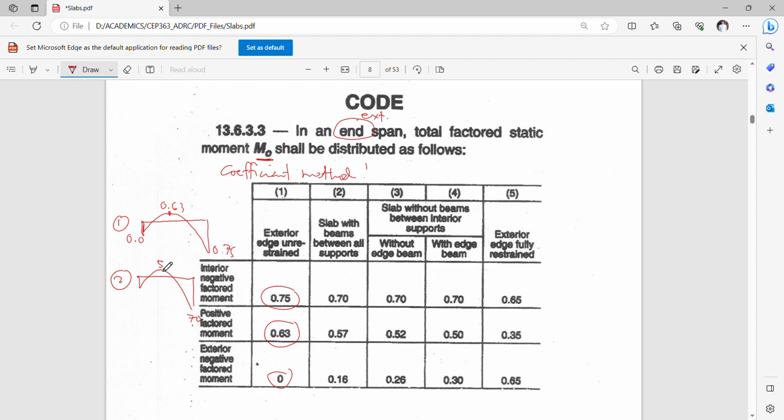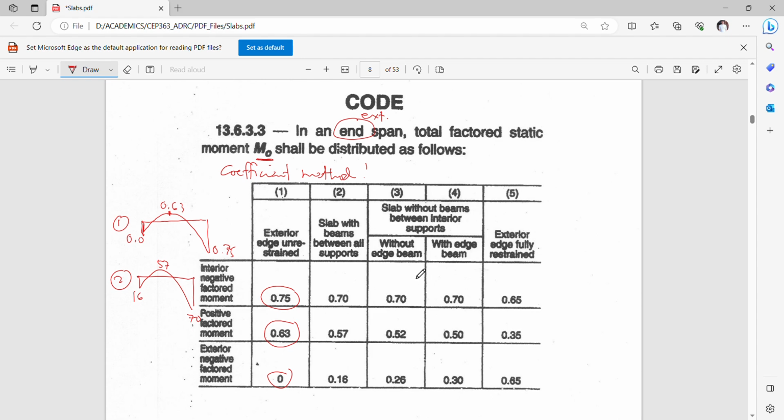57, and 16. And so is true with the slab without beams between interior supports, meaning to say this is sort of a semi-flat plate, flat slab scenario wherein the beams are only at the perimeter of your building frame.